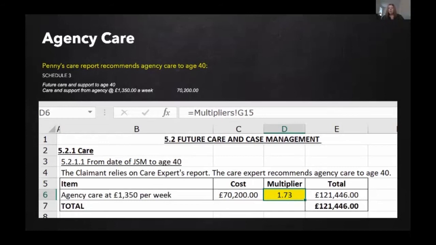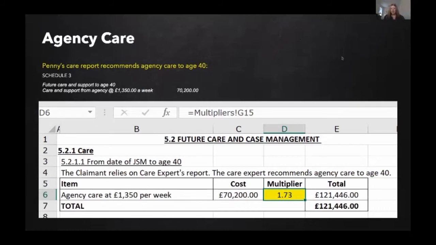Instead, I pressed equals, I clicked on the multipliers tab, then I clicked on 1.73 in that multipliers tab, which is what pulled the 1.73 multiplier through into the future care tab. It's important you line things up in this way. And like I've said, I will demonstrate why at the end. It's because if you have to make any changes to the multipliers further down the line, changing it once in your multipliers tab will update your entire schedule.